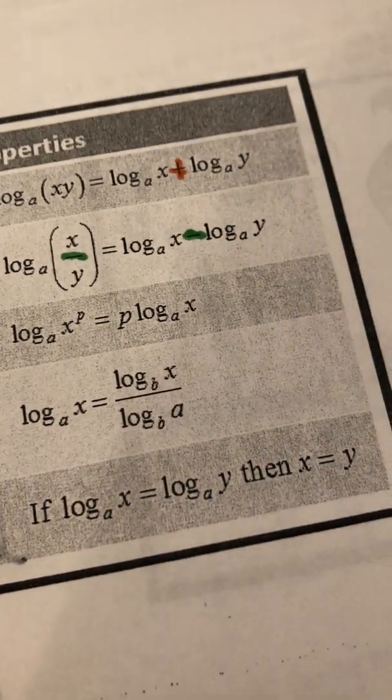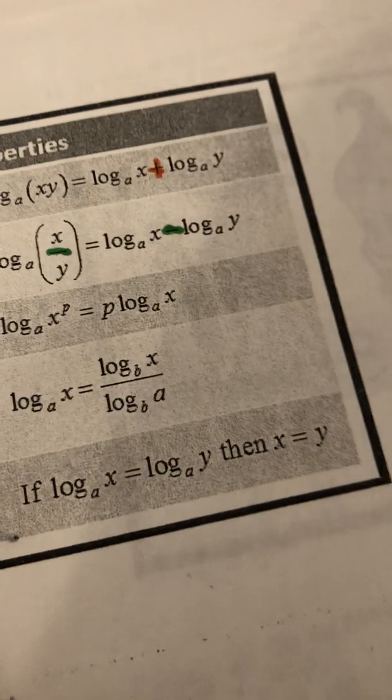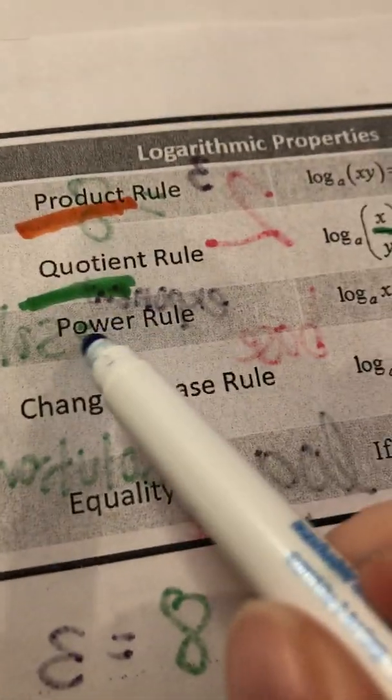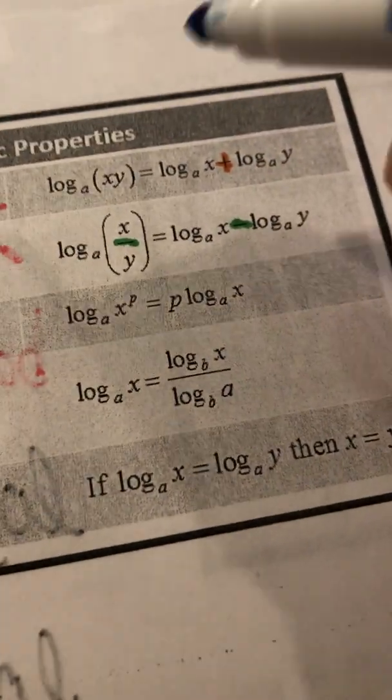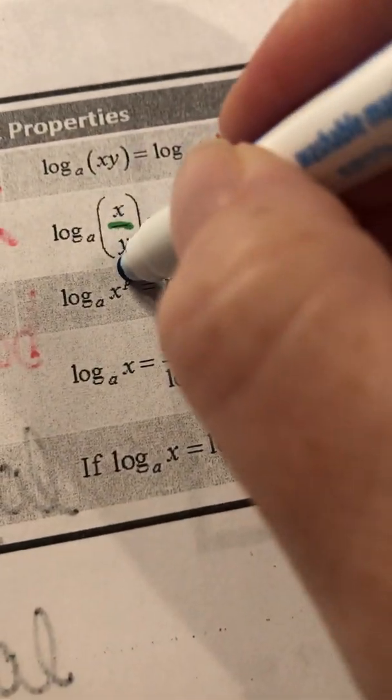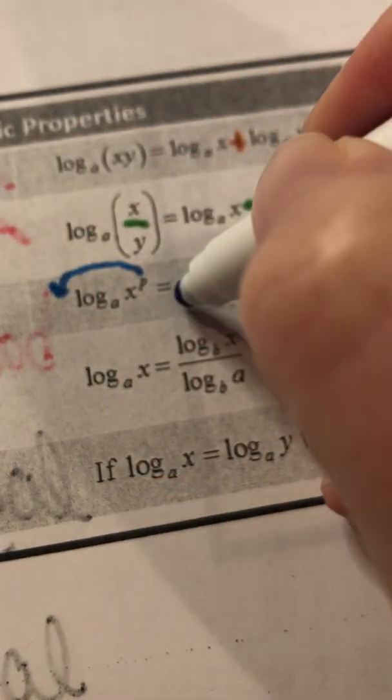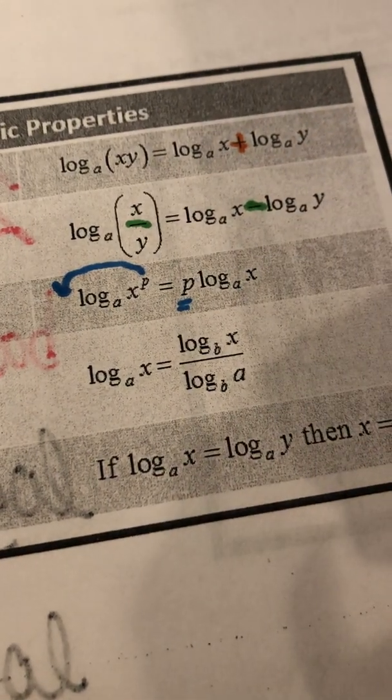I would usually have you annotate your notes like this because I'm trying to be friends with my English people here. The power rule says, this one's kind of tough, so I hope you're watching, it says take that exponent and bring it down in front here. Okay. Change of base is what I just went through with you.